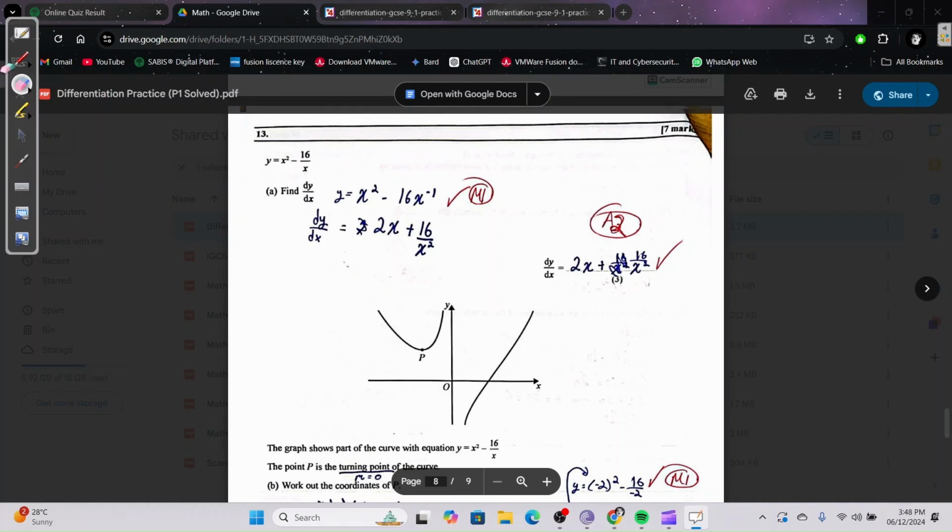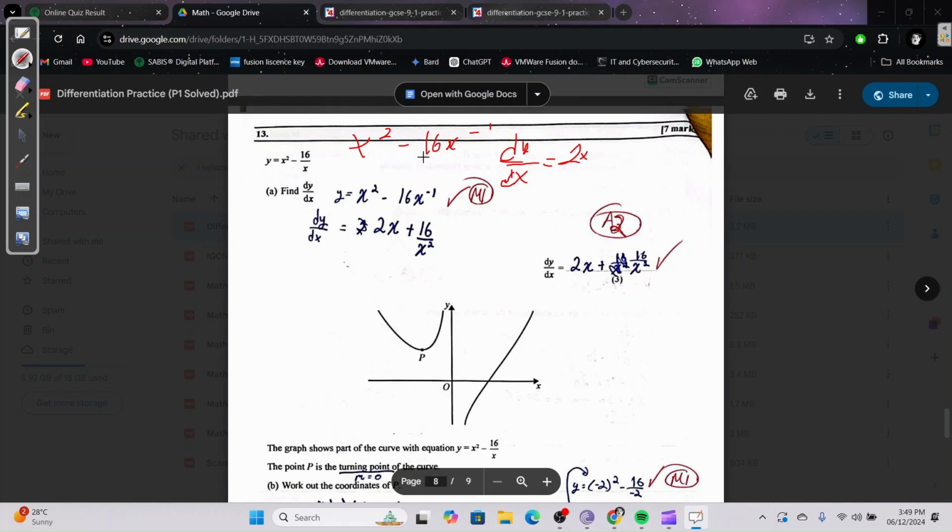Just erase everything. Okay, before I start solving, let's rearrange it: x squared minus 16x to the power of negative 1. Now dy/dx is equal to 2x, and here this would normally be minus whatever.